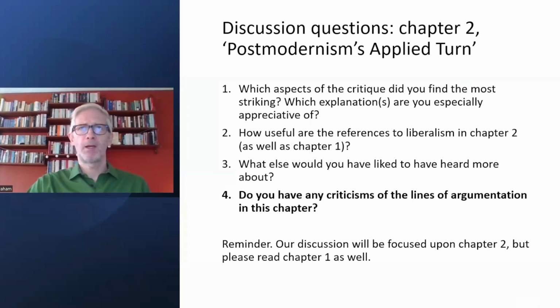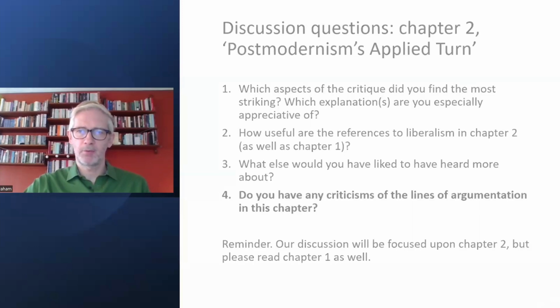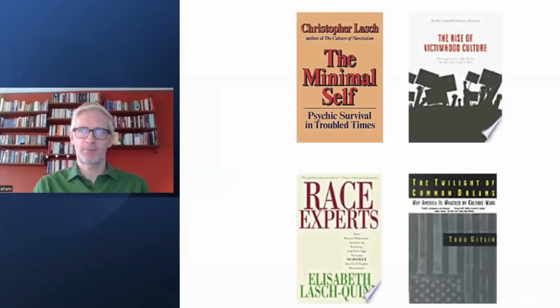So, a proper account might begin with the separatism that characterized early identity politics in the form of Black Power. I'm going to be referencing a small number of books as I give an account of what such a chapter might have included. You can see 4 books I'm going to refer to on this slide.